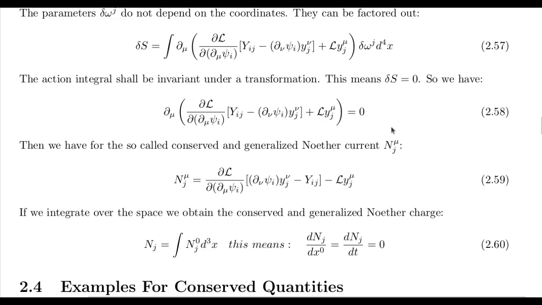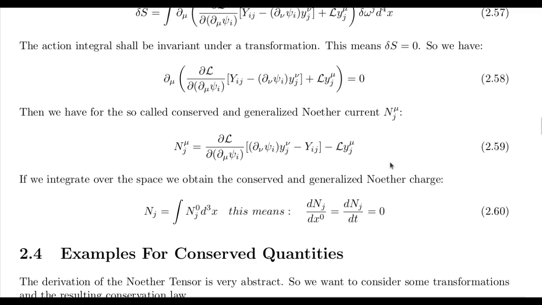Okay, but the Noether tensor is defined with opposite signs, so we have here changed the signs, this minus instead of plus, and so on here. So this is now the Noether tensor 259, and if we integrate now over the space, then we obtain the conserved Noether charge, generalized Noether charge.